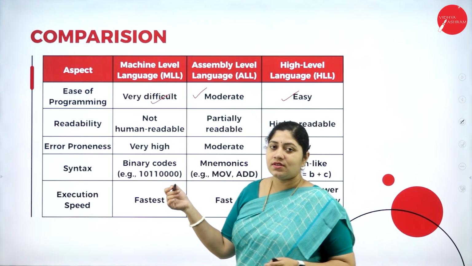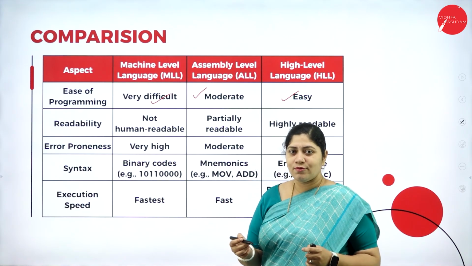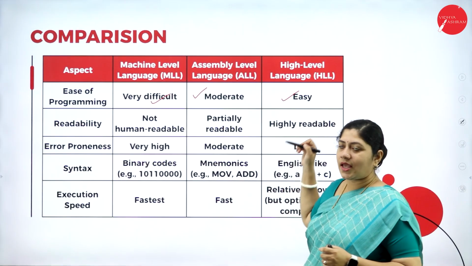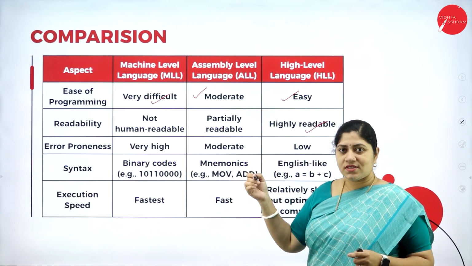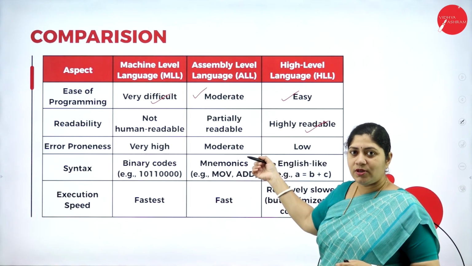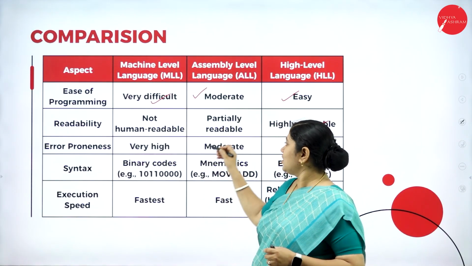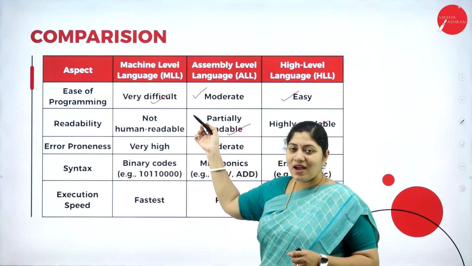Up next, let's consider the comparison aspect of readability. Obviously, which is best to read? It's none other than our high level language, which is highly readable. Up next is moderate readability. We can find it under assembly level because we'll be having the keywords, correct? So it's partially readable. And what about machine level language?